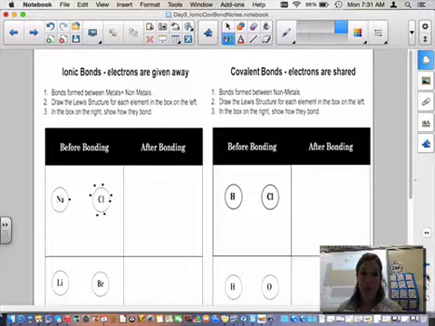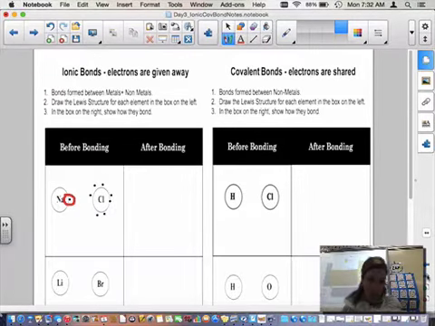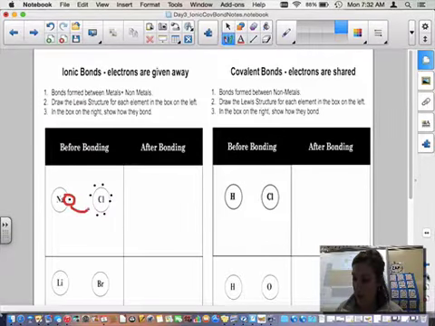Sodium has 1 electron, chlorine has 7 electrons, and remember a happy atom has 8 valence electrons. It helps if you had colored pencils, to put these in different colors. If we transfer that 1 electron to chlorine, we're going to show that chlorine is then going to have 8 electrons.